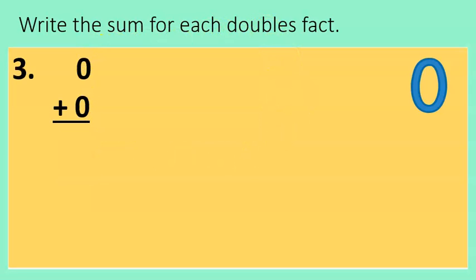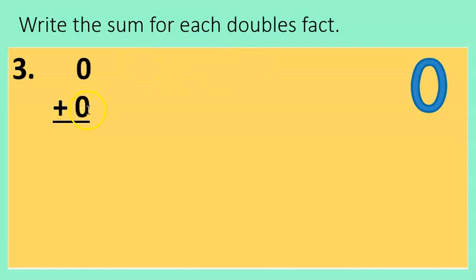Now keep looking at your screen, boys and girls. Now we have here again a doubles fact because look, we have 2 numbers that are the same. We have 0 at the top and 0 at the bottom. Now boys and girls, since this top number is 0, do we put any photos here? No, because that's 0. You do not put anything here. You leave it blank.